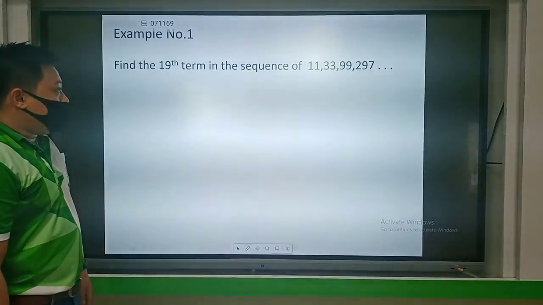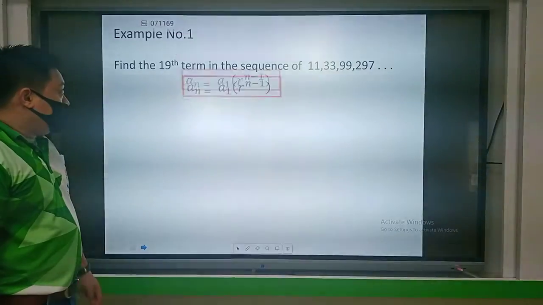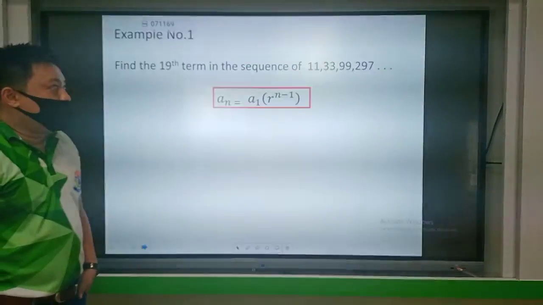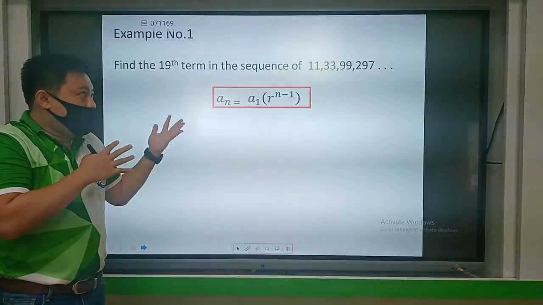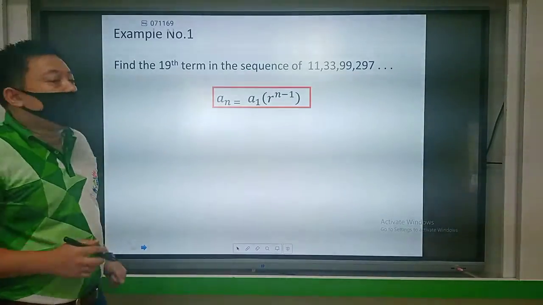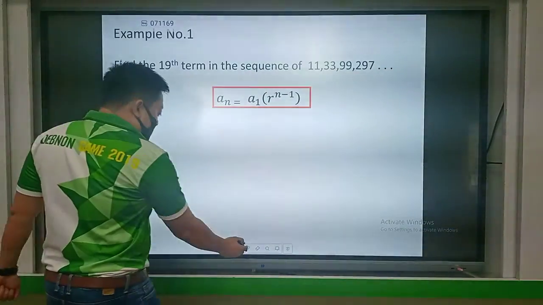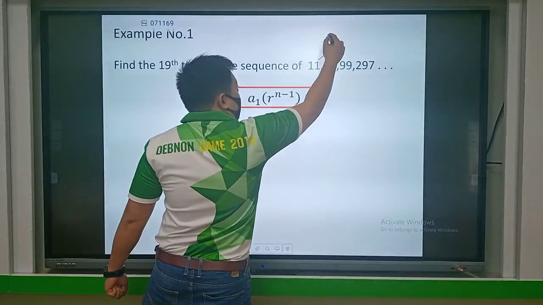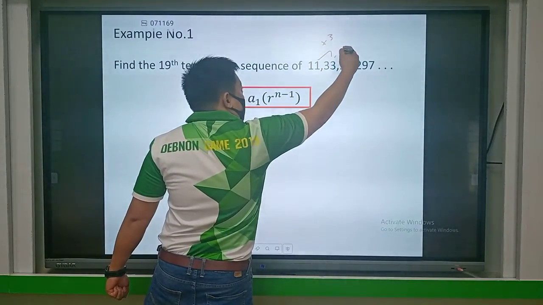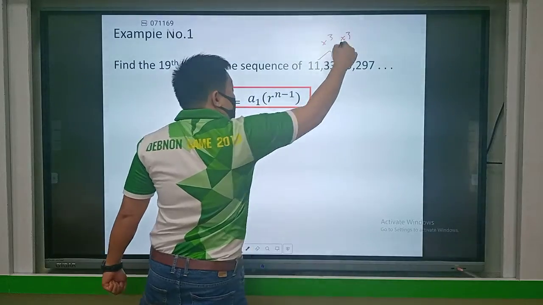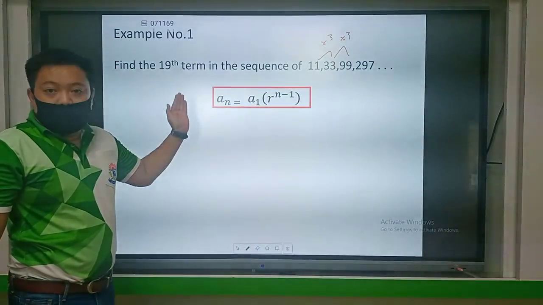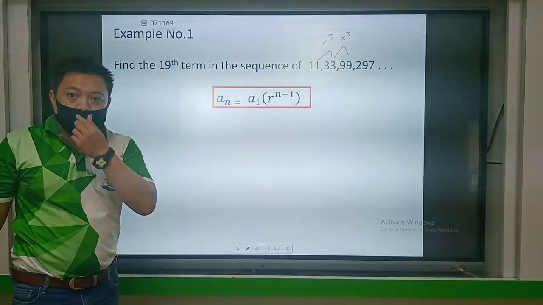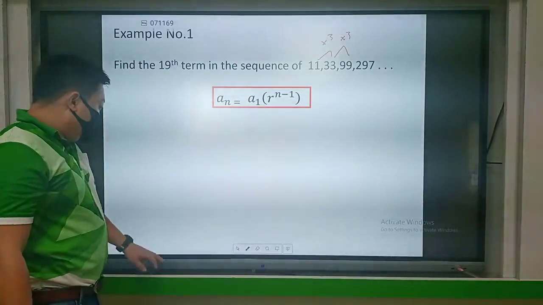So we'll try to find it using our geometric sequence formula. By the way, how do we know that it is geometric? Again, there is a common ratio. So times 3, right? So we know that it is geometric, so we can use the formula for a geometric sequence.